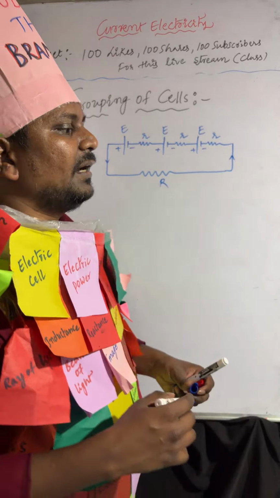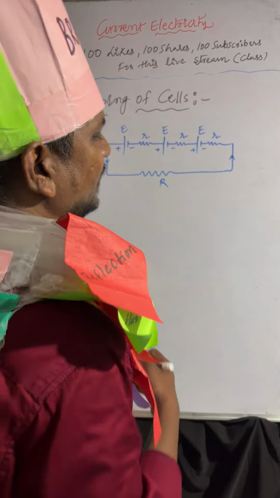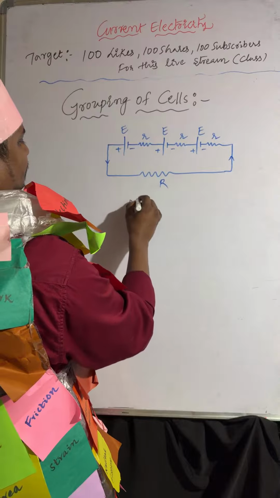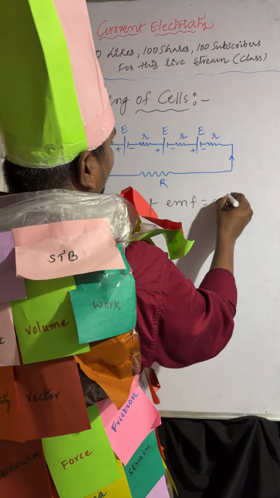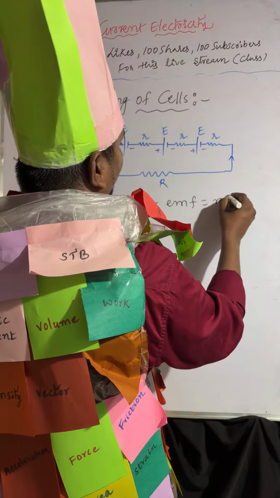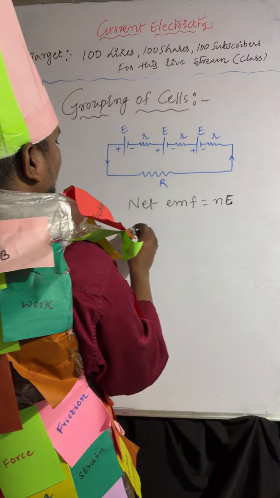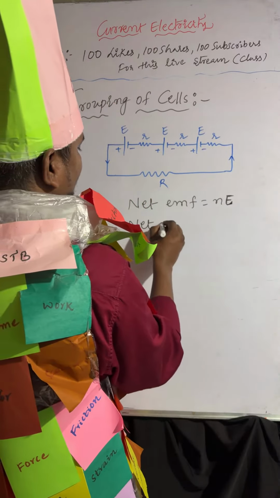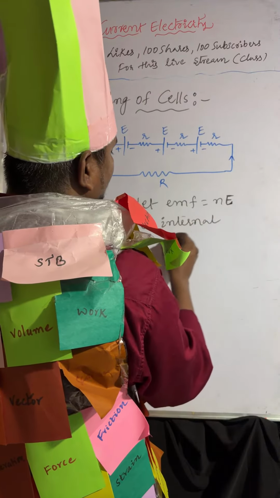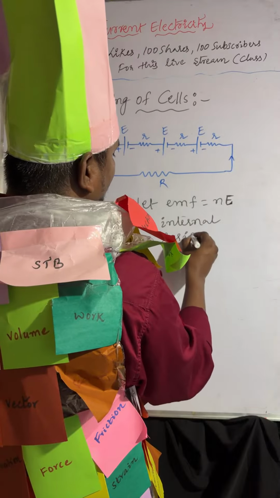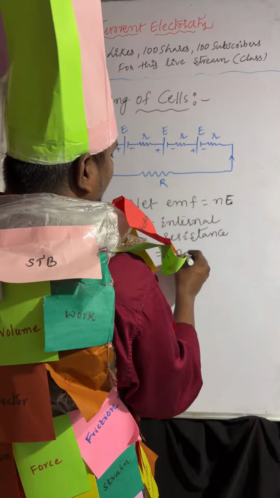E and r of each cell are the same. Then net EMF equal to nE, and net internal resistance is nr.